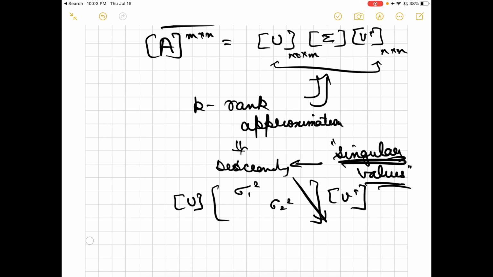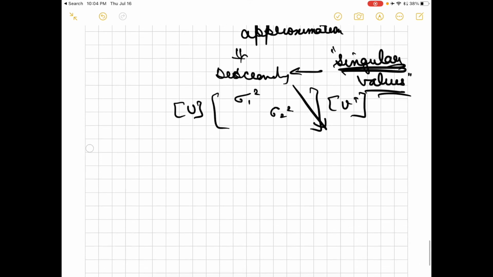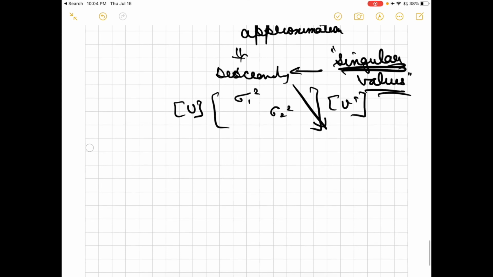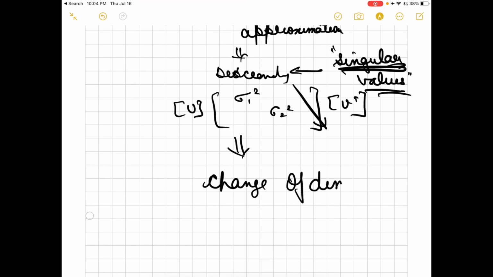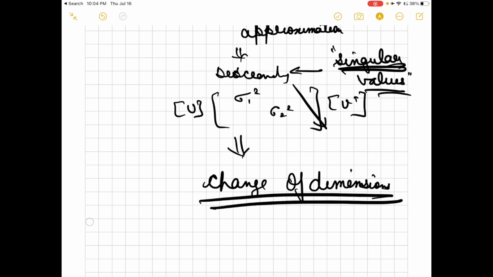Talking about the geometric interpretation in 2 dimensions, this is exactly the same as what we learned in eigen decomposition: we do some rotation, followed by stretching, and then send it back. However, the fundamental difference between SVD and eigen decomposition, other than the matrix being square or non-square, is that SVD also allows the change of dimensions, as we just saw in the example of R10 to R2 and R2 to R10.